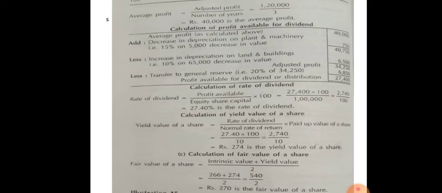Less transfer to general reserve, that is 20% of 34,250, which is 6,850. After minusing this, profit available for dividend or distribution is 27,400. Now we take this 27,400 for the rate of dividend.